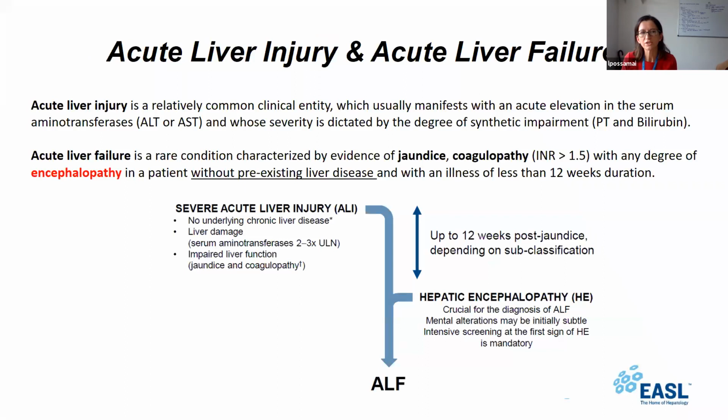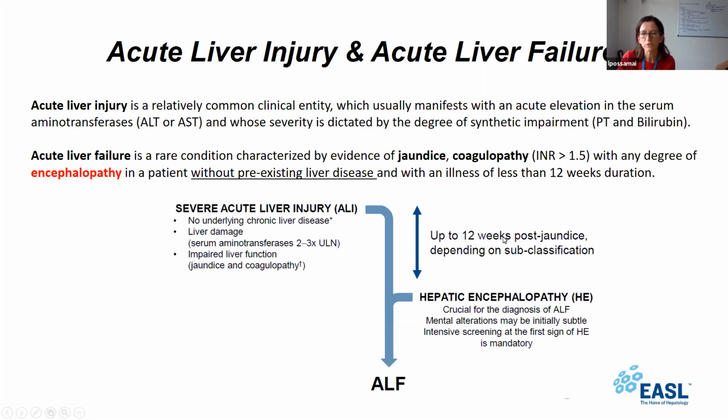The emergence of encephalopathy is the key defining feature of acute liver failure and distinguishes it from acute liver injury, and that needs to occur in a patient without pre-existing liver disease over a short time period. This figure taken from the European guidelines shows it's this crucial development of hepatic encephalopathy that defines acute liver failure.